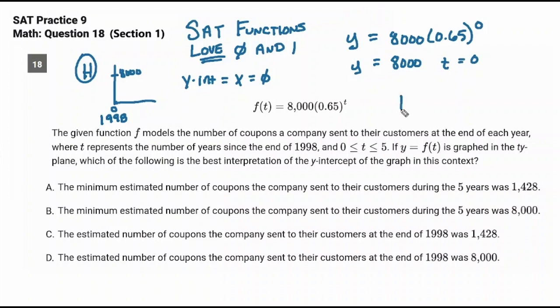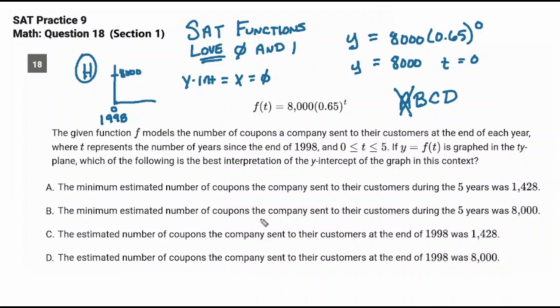So let's write down A, B, C, D and see what we can cross off. A, the minimum estimated number of coupons the company sent to their customers during the 5 years was 1,428. Well, no, it's way more than that. It's at least 8,000. I don't know where 1,428 comes from. B, the minimum estimated number of coupons the company sent to their customers during the 5 years was 8,000.